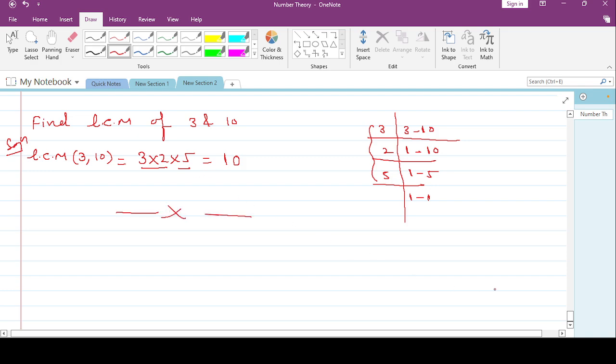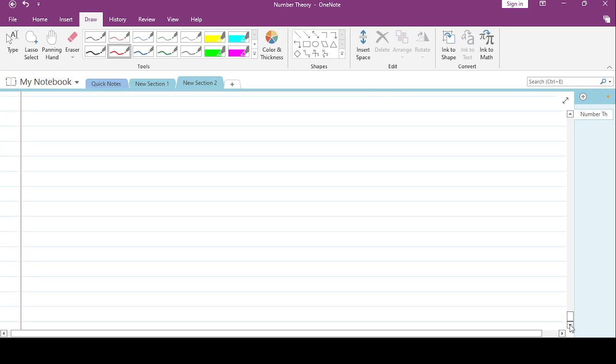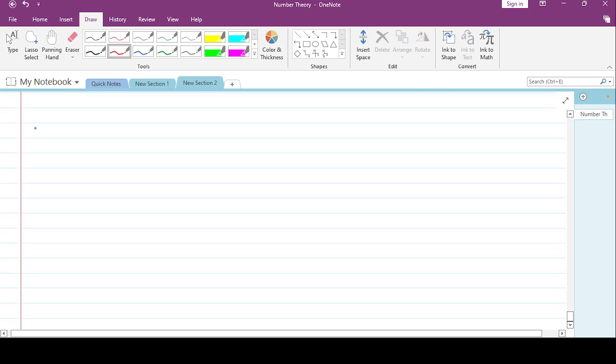Okay. Now we quickly want to talk about one more result. Suppose that your A is expressed like this: P1 raised to the power alpha 1, P2 raised to the power alpha 2, and so on, Pn raised to the power alpha n. Okay, and B is expressed like this: P1 raised to the power beta 1, P2 raised to the power beta 2, and Pn raised to the power beta n.